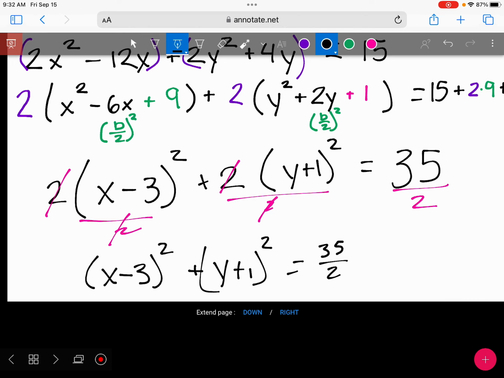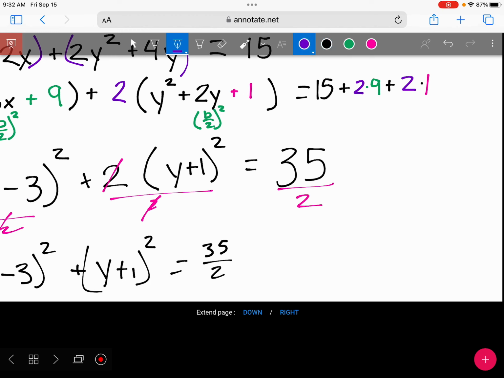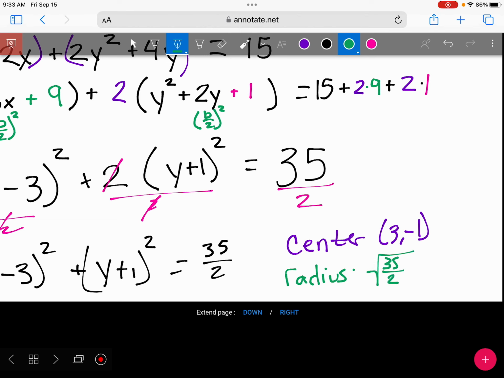So, what is our center? 3, negative 1. What is our radius? Square root of 35 over 2.